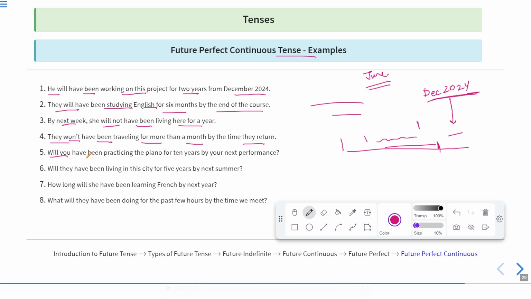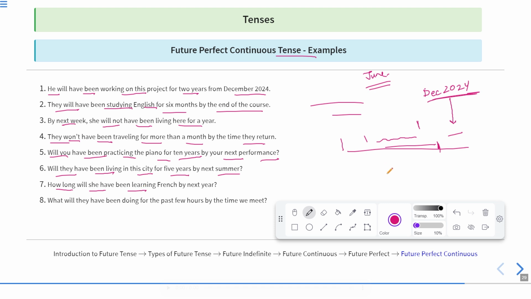Okay, you have been practicing the piano for 10 years by your next performance. So this is just a question: by your next performance, is it that you have been practicing the piano for 10 years? Will they have been living in this city for 5 years by the next summer? How long will she have been learning French by next year?